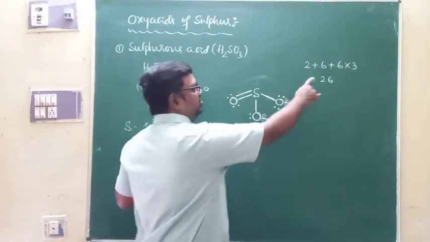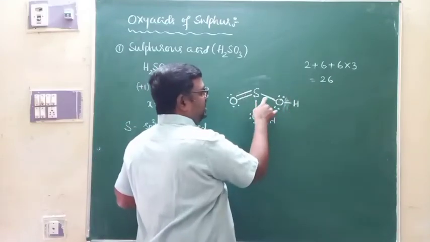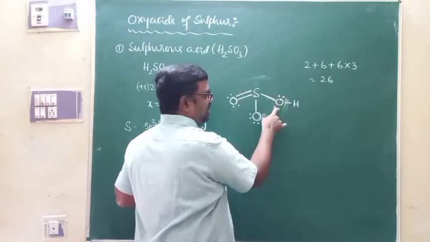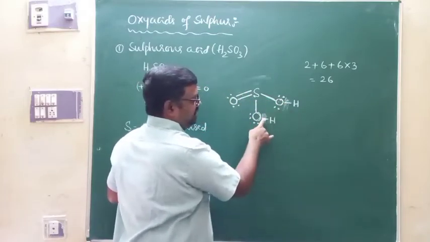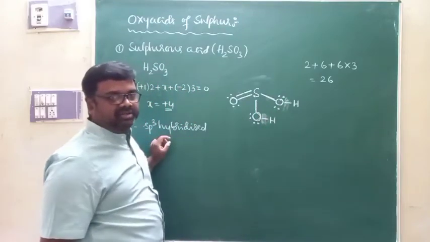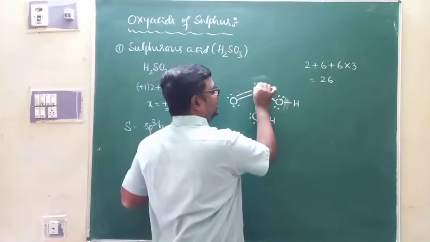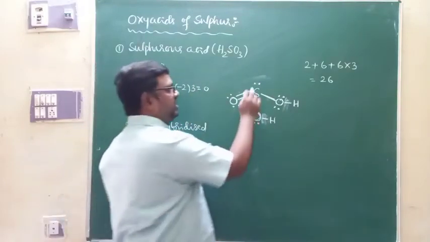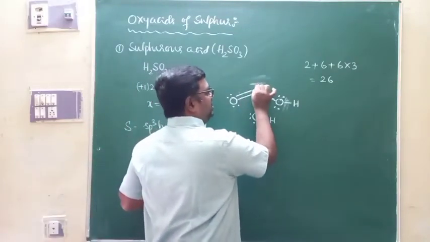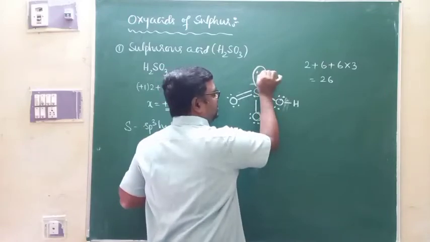So out of 26 electrons, 8 electrons are here. 12, 16, 20, 22, 24. Total 24 electrons are used. 2 more electrons are left, and they are of course in the form of lone pairs. The 2 electrons will be in the form of lone pairs. That's why the structure of sulfurous acid will be like this.